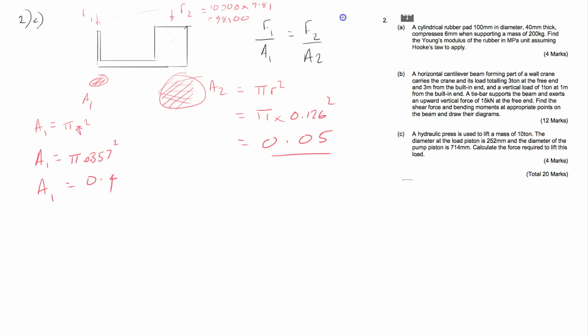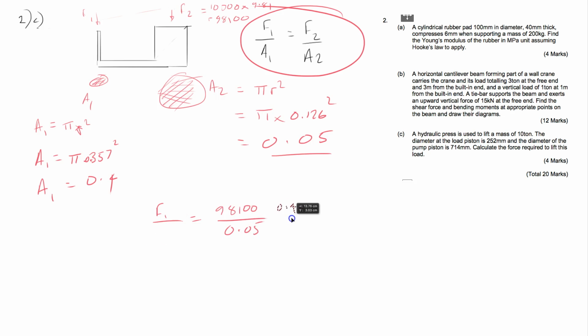So let us use Pascal's principle, and we will say F1, which is the unknown force. So F1 over 0.4 is equal to F2, our known force, 98,100, divided by A2, 0.05. Let us resolve this then. Since it worked successfully in the last question, I'll literally move this up here, times in both sides by... in effect.